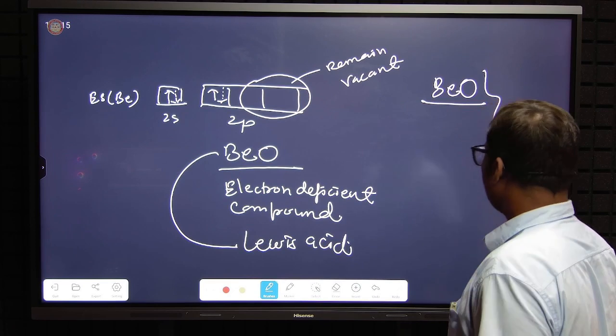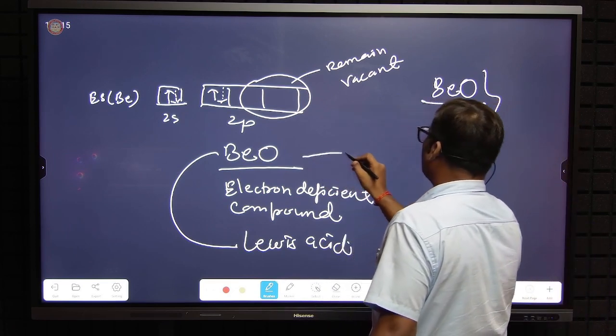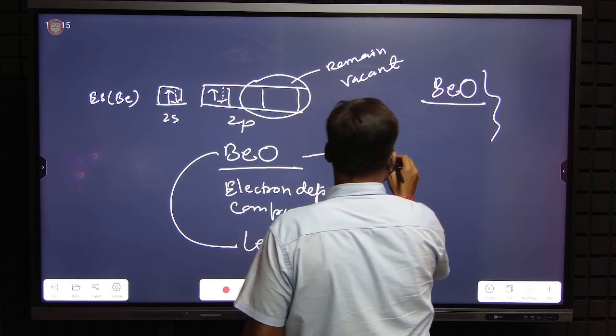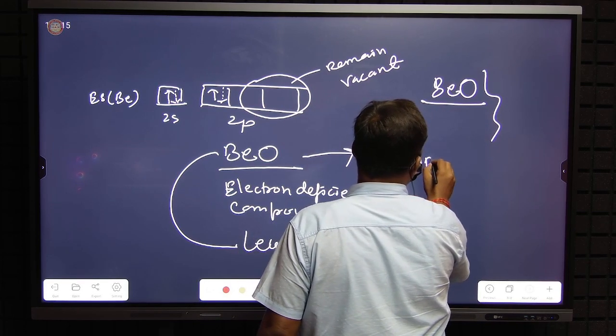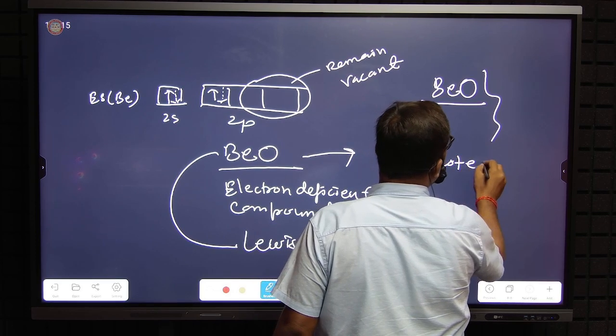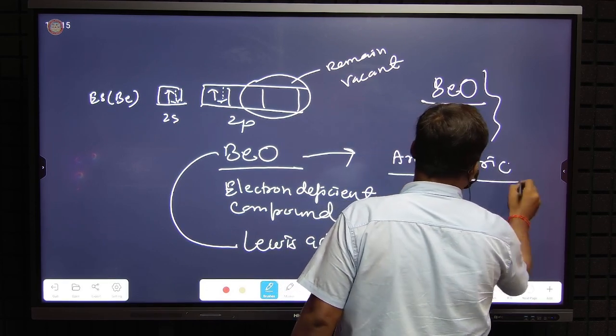So this compound is amphoteric in character.